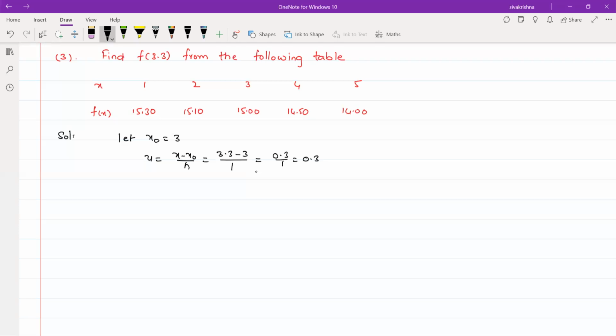After that we have to construct the Gauss forward difference table.